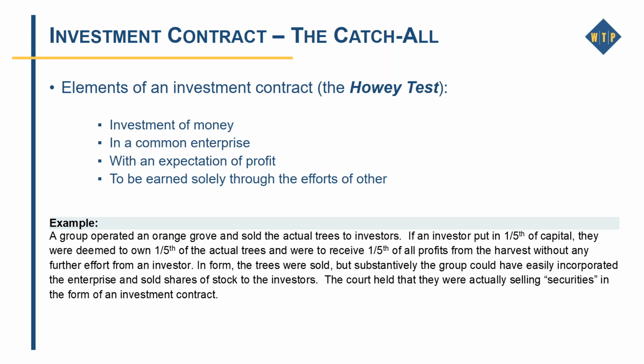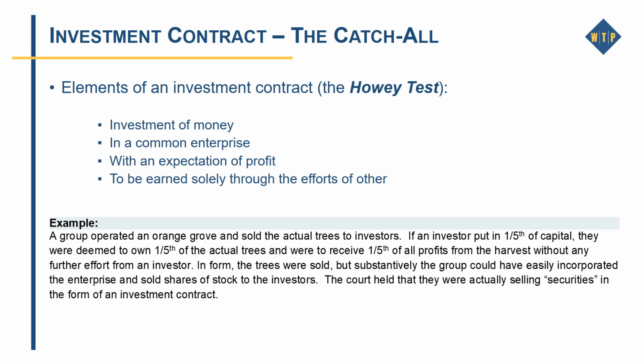Someone's putting money into a business is the easiest thing to think about. And common enterprise, that's the business, right? There's a group of people with a coordinated effort to grow that operation. And, when you go into business, what's the expectation?